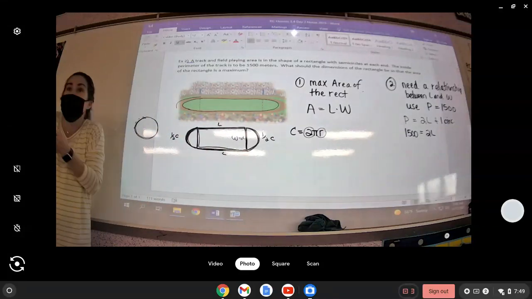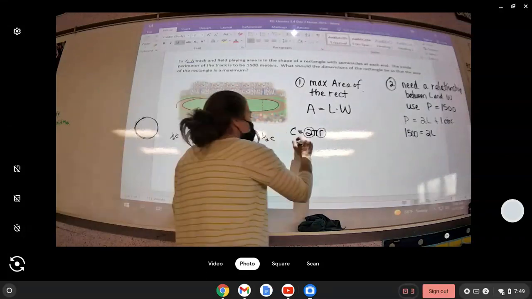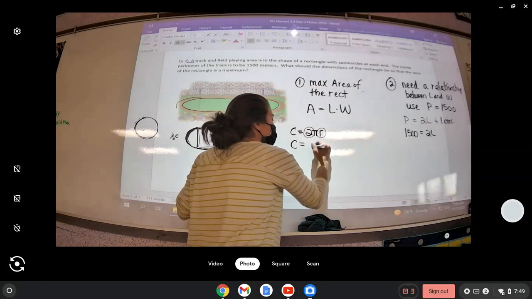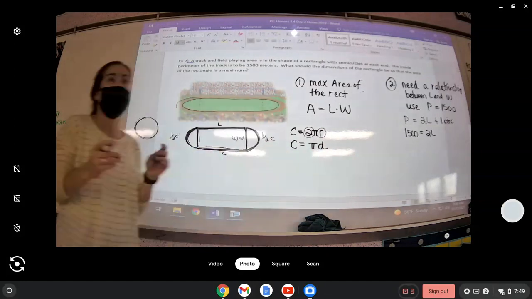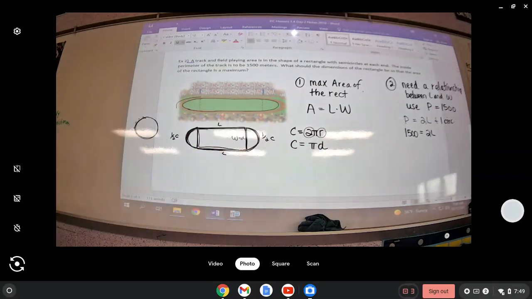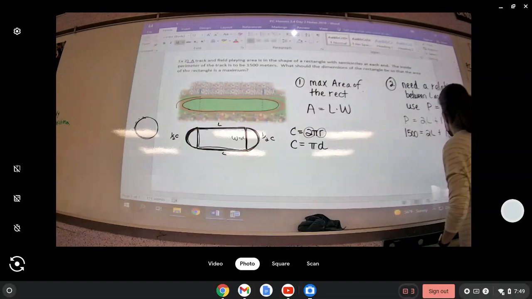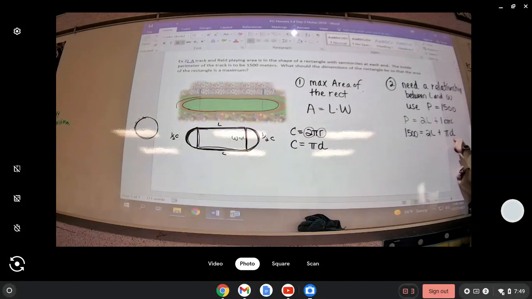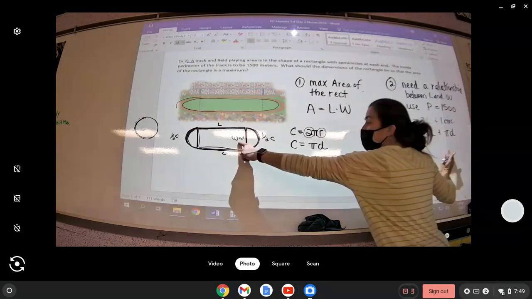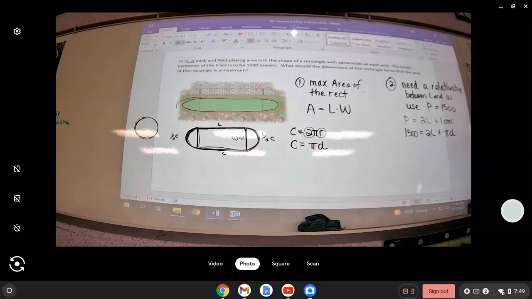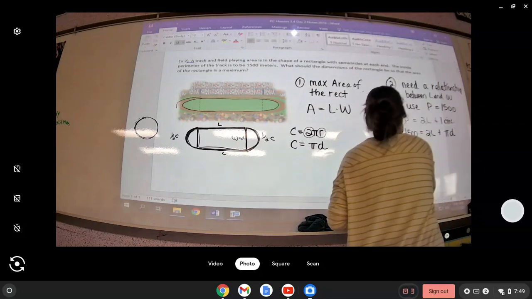Width or diameter, right? 2 times the radius is your diameter. So let's say the circumference is equal to pi times diameter. Instead of 2 pi r, let's just say it's pi times diameter. And if that's the case, then the diameter can come out, and who can go in as an equal to the diameter? The width. We did it.